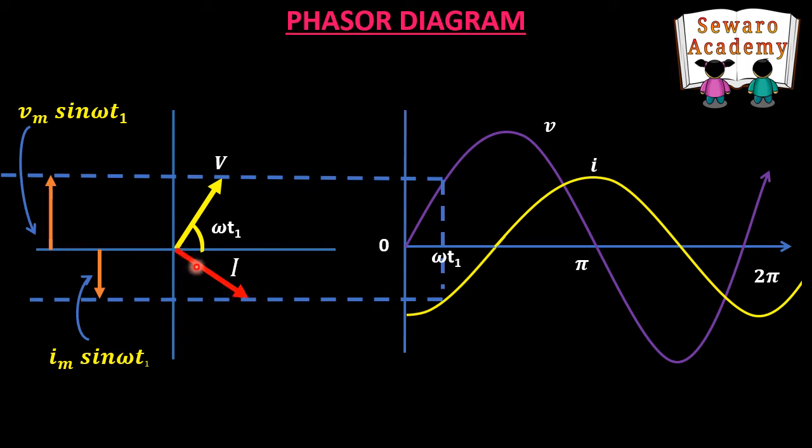The magnitude of phasor I will give the peak current, and similarly the magnitude of phasor V will give the peak voltage. So this is all about the phasor diagram related to the AC circuit containing only the inductor.